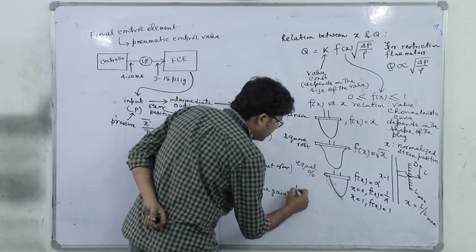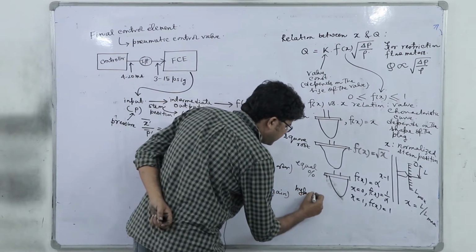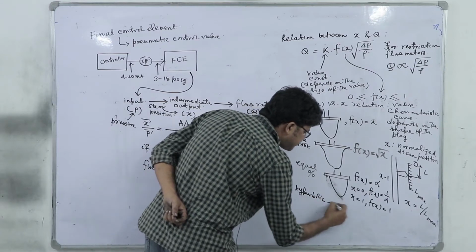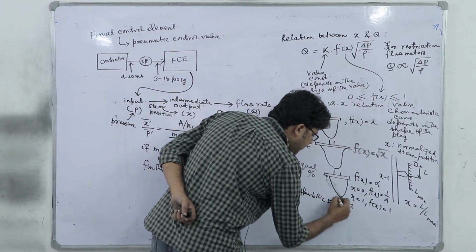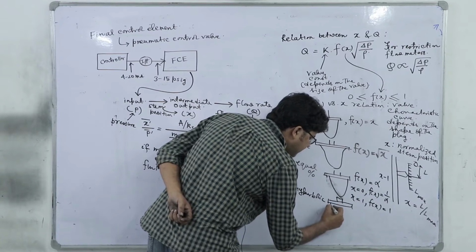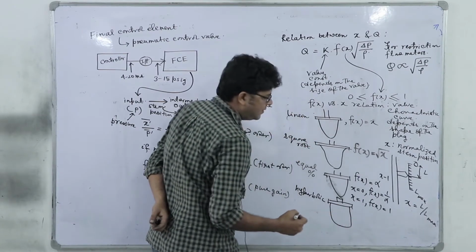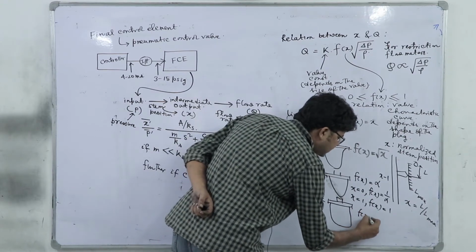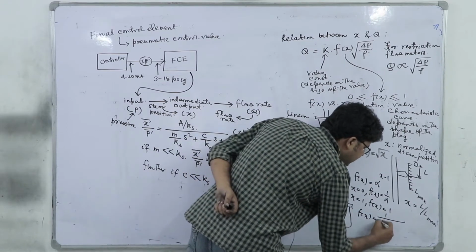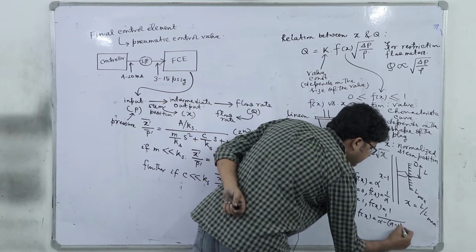We also have the hyperbolic shaped valve plug. It is more flat like this, and the relation is f(x) is equal to 1 divided by alpha minus (alpha minus 1) into x.